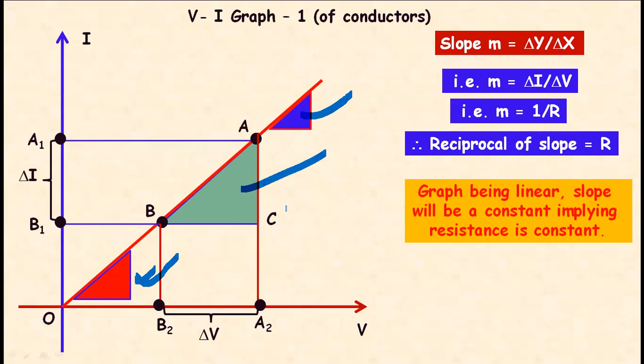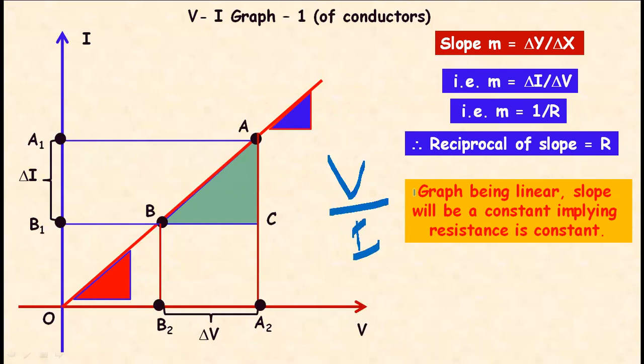So whenever the graph between two parameters is a straight line, then the slope will always be a constant. Hence, the reciprocal of the slope, in this case resistance, will also be a constant. Whenever the resistance of a device is constant, it means V by I, and V by I is resistance, right?